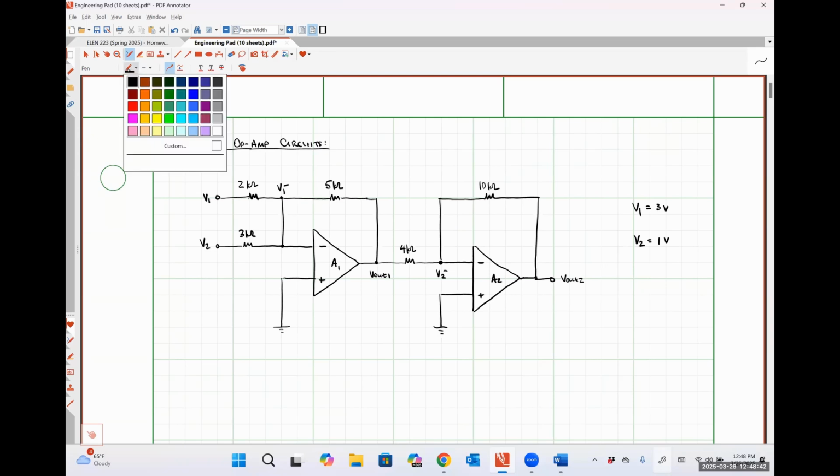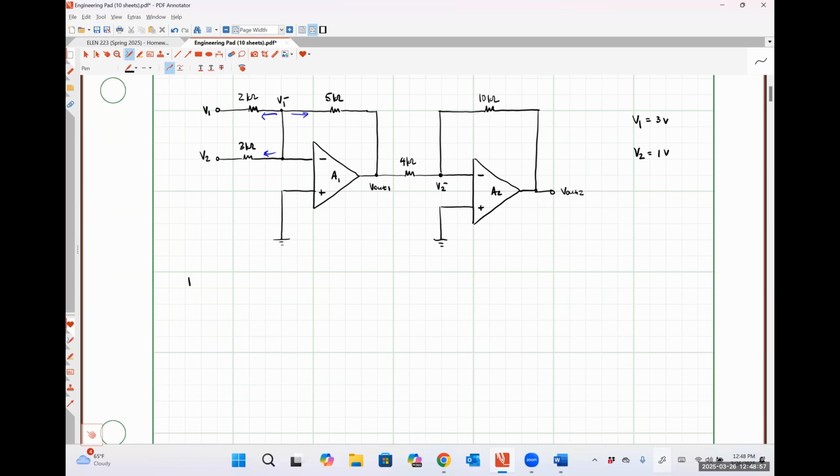okay? So when I'm applying KCL at this node V1 minus, I'm going to be adding this current together plus this current plus this current, right? So that might look like V1 minus V1, which is 3 volts.